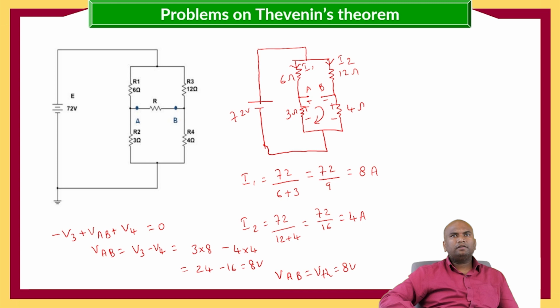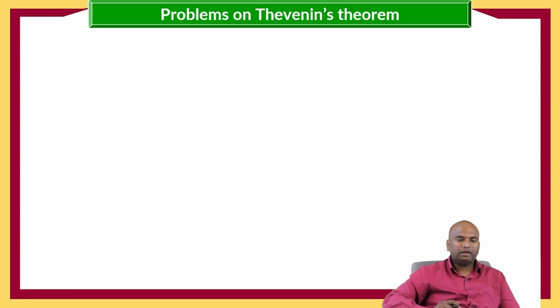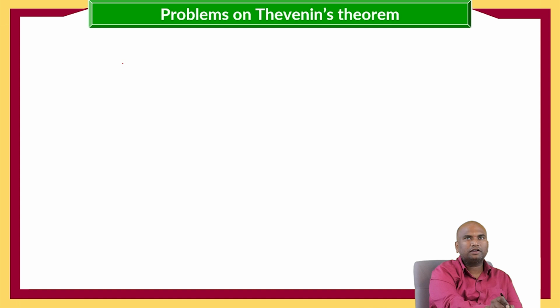Now we got the VTH and then we need to calculate the RTH. So for calculating RTH, we need to make the voltage source a short circuit. So for that, I'm making the voltage source a short circuit and I'm going to redraw the circuit.